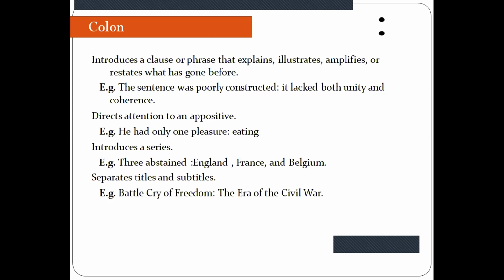Colons introduce a clause or a phrase that explains, illustrates, amplifies, elaborates more, or restates what has gone before. This is an example. The sentence was poorly constructed. Then to be more clear, to elaborate more, to explain more: it lacked both unity and coherence.